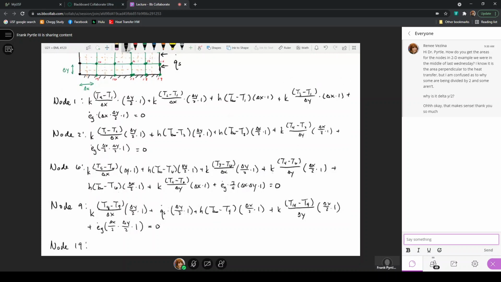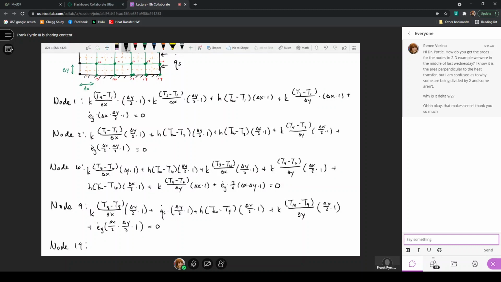So for node 19, it's a corner node, so it's only delta X divided by 2 wide and delta Y divided by 2 tall. So there's no heat transfer from the bottom because there is an insulated condition.